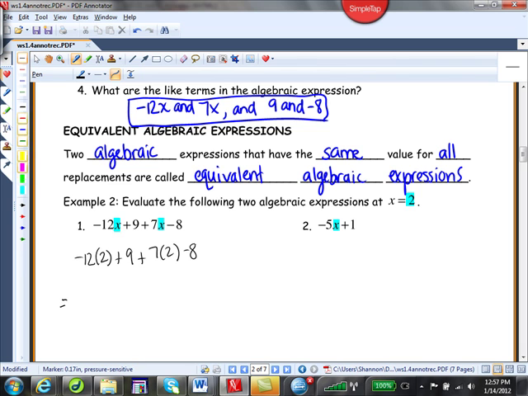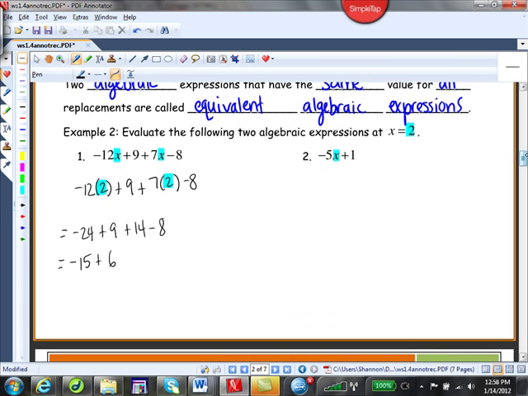That will be, so this is where we replace the 2 in the first one, negative 24 plus 9 plus 14 minus 8, which is, let's see, negative 15 plus 6, and we will get an end result of negative 9.